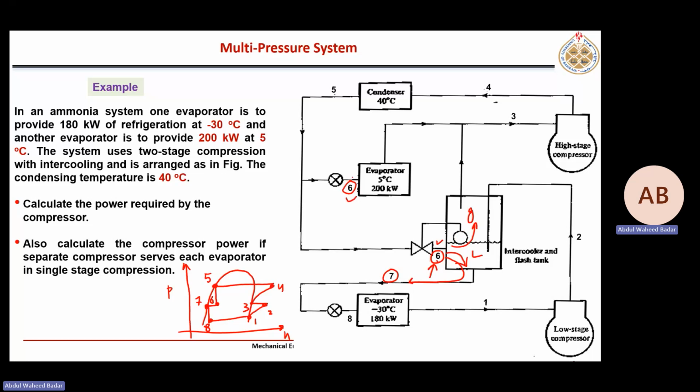But the other 6, we have completed this 6 to 7. What about this point 6 here? What is happening? This point 6 is entering into a high temperature evaporator. So 6 to 3 is evaporation at 5 degrees Celsius.